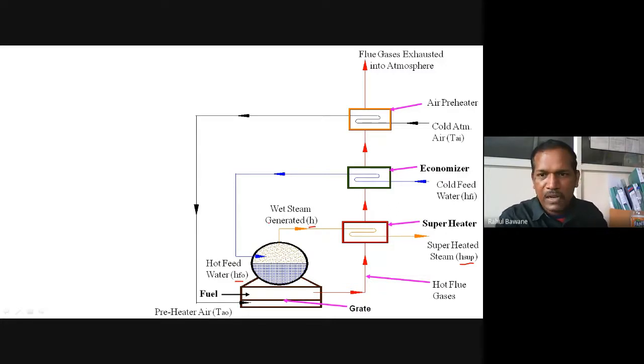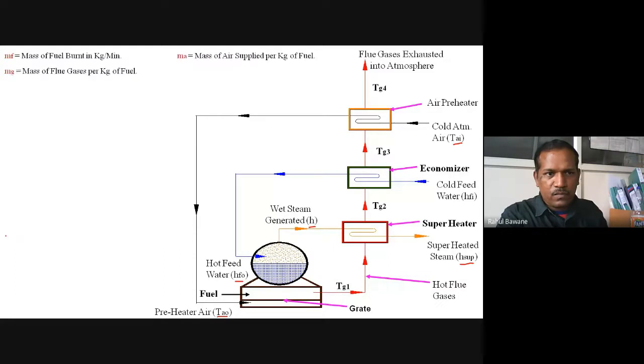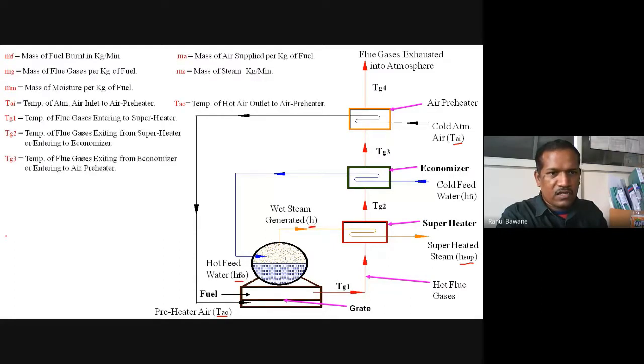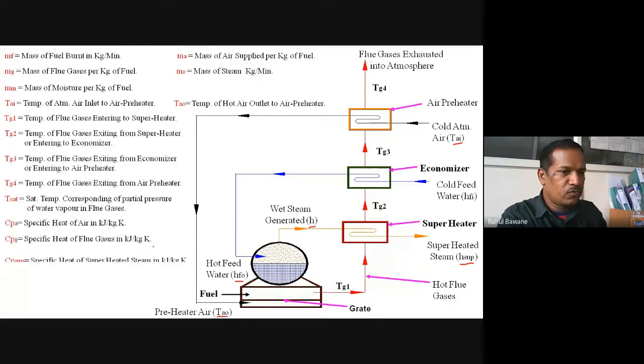In the same manner the air preheater preheats the combustion air. So supplied air is at temperature TAI, temperature of air at inlet, and outlet from the air preheater is TAO, temperature of air at outlet. So these are the basic terminology, standard notations.